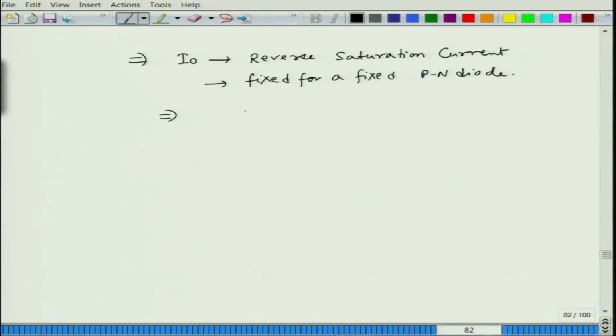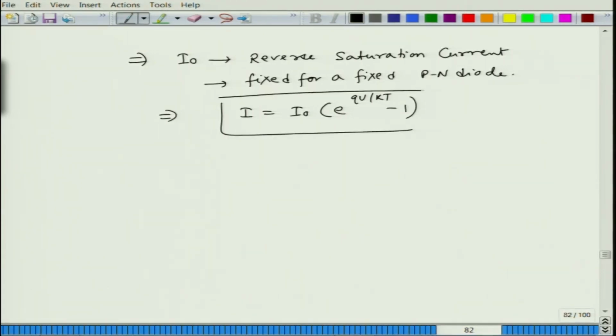Okay. And this particular expression is called the dark IV equation.